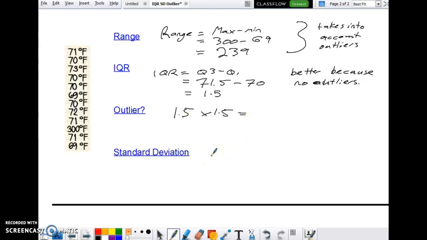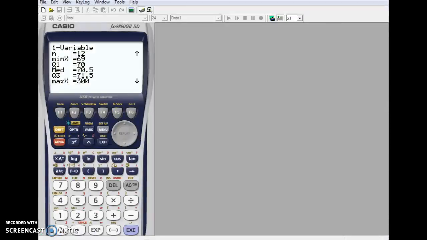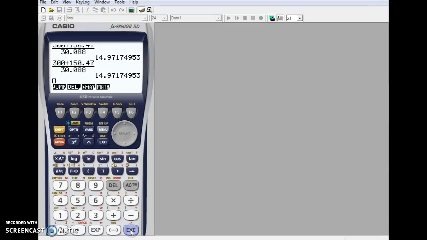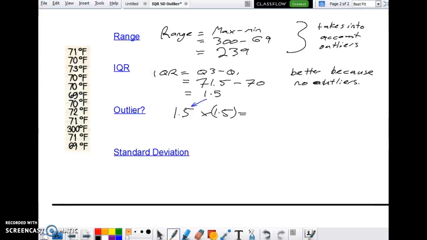That's a coincidence that they're the same number. This is just finding out what 1.5 away is. So 1.5 times 1.5 equals 2.25.